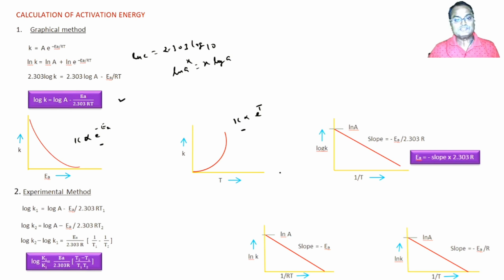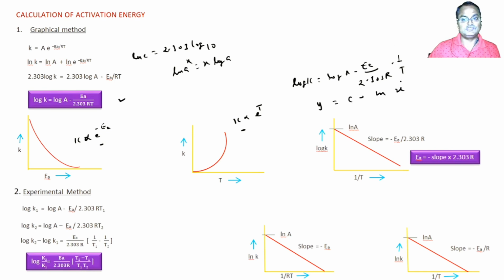Next is between log k and 1 upon T. See, from this equation, log k is equal to log A minus E upon 2.303 R, and here 1 upon T, right? So this is the graph between log k and 1 upon T. See what is the relation? We see here a linear equation, y is equal to c minus mx.